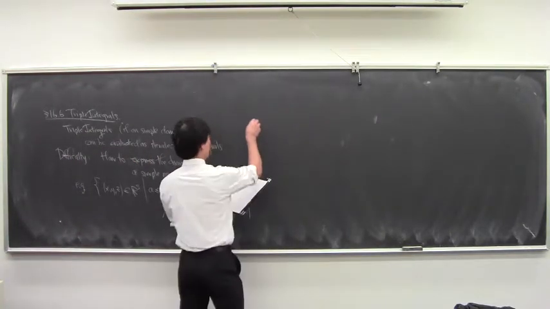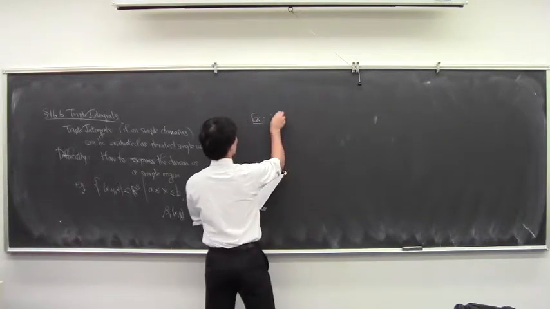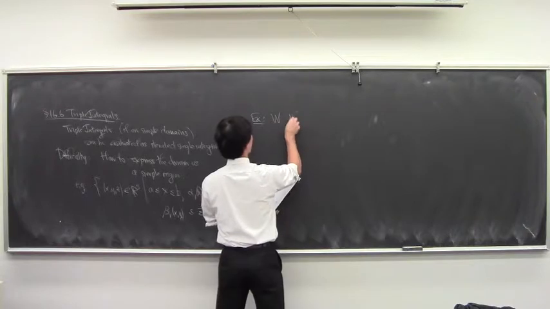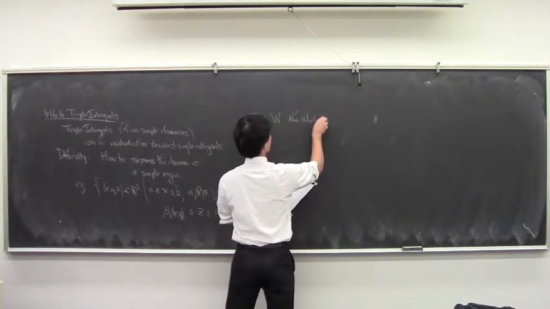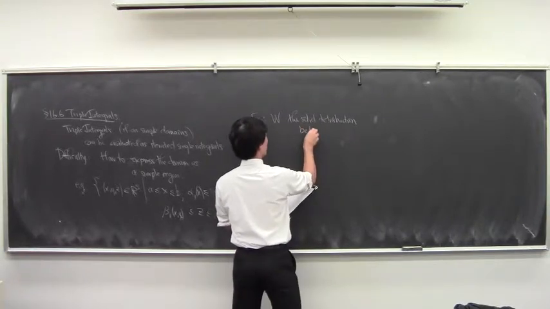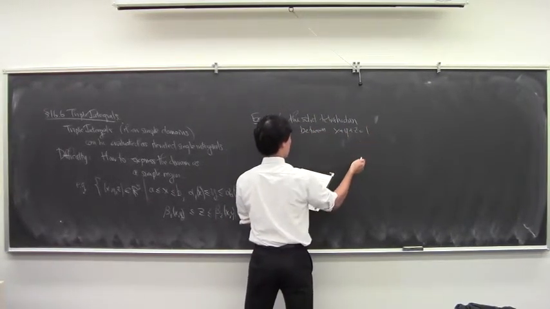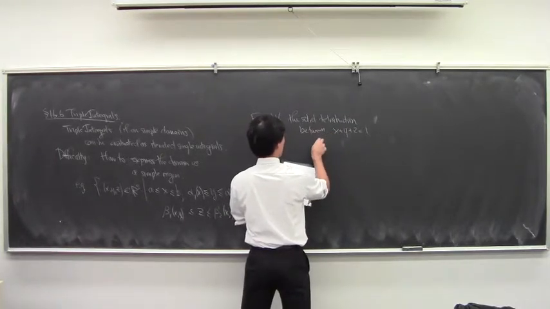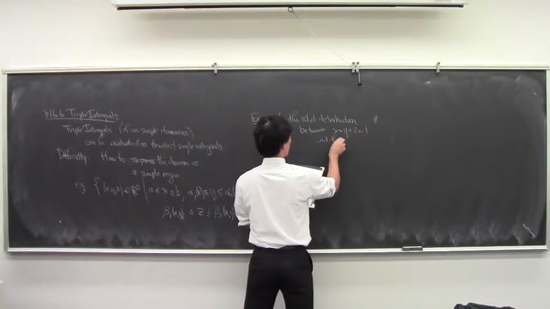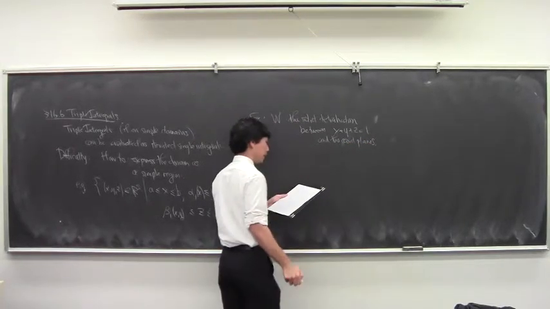Okay. So we were starting last time with this example. W is the solid tetrahedron between the plane x plus y plus z equals 1 and the coordinate planes. Okay.